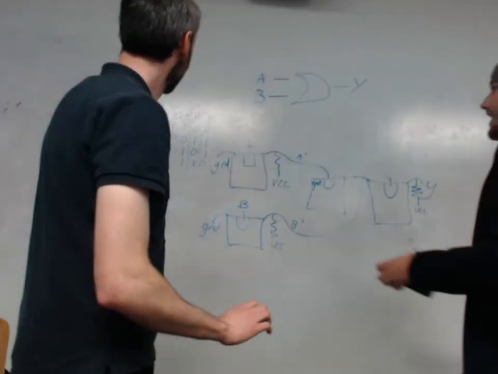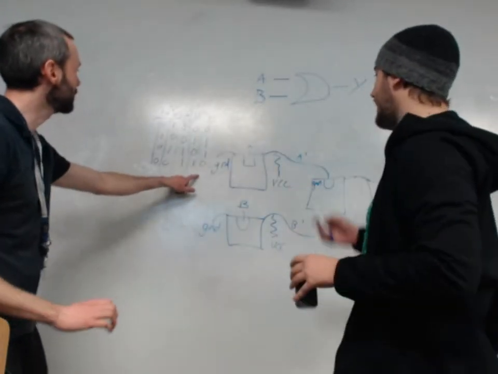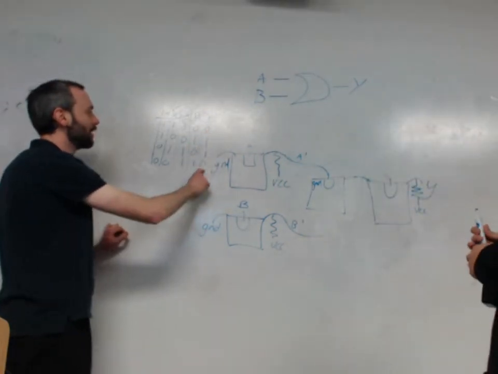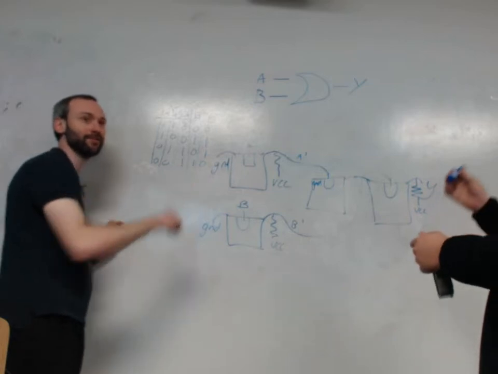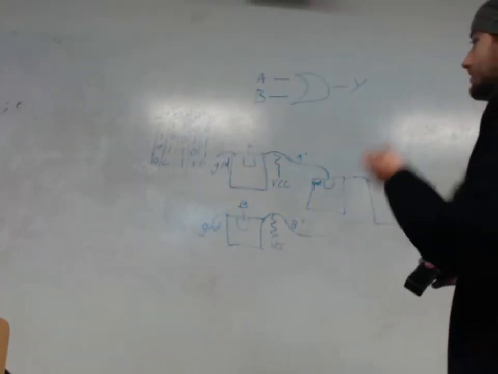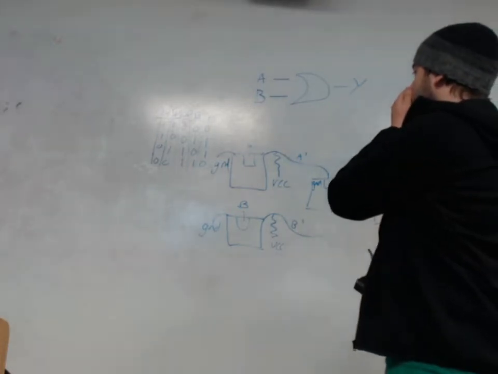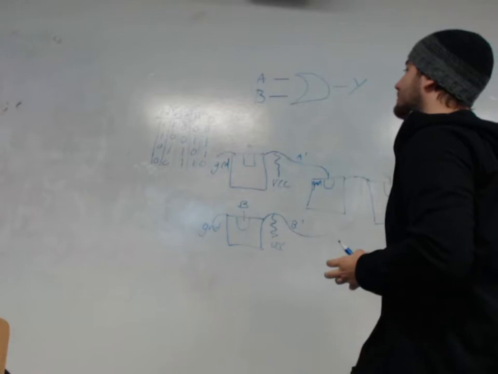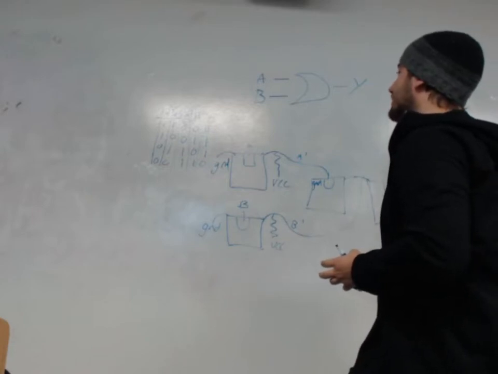The truth table up there, I updated it because now it's an XOR. So only one has to be on, otherwise it's off. So all I had to do was change that last 0. Okay. Wait a second. Hold on. Oh, I was thinking the wrong thing.